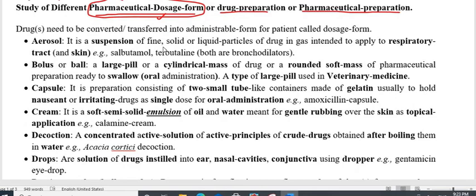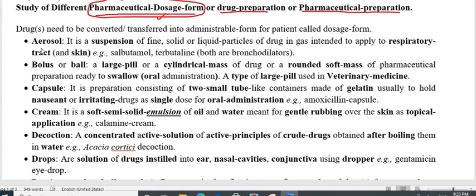Now we have to go through different form of the dosage, and here we have not classified it because this is rather very cumbersome to make a line to differentiate different dosage form or different types of dosage form. Now we have to go the dosage form one by one.